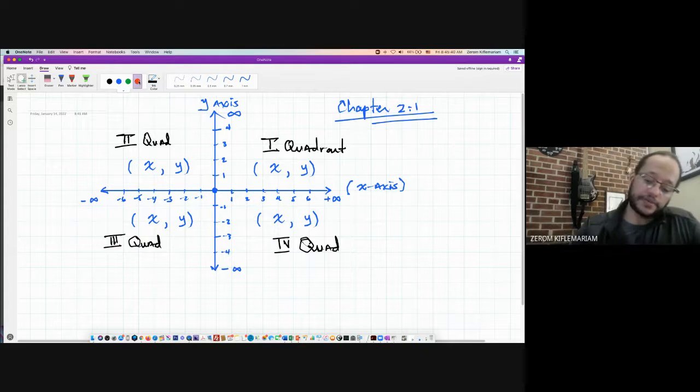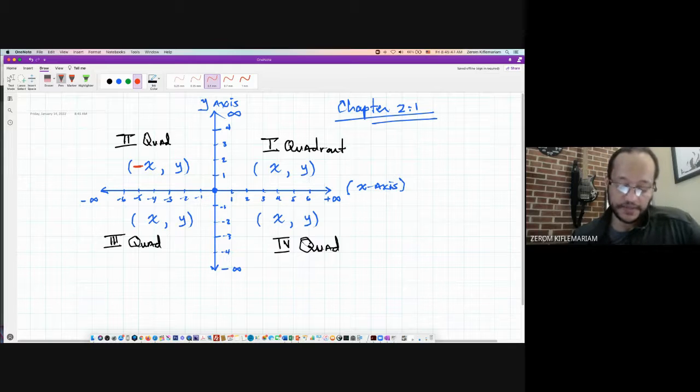All right, things that we need to remember. On the second quadrant, the x values are negative and the y values are positive. On the third quadrant, both x and y values are negative. On the fourth quadrant, x values are positive and the y values are negative.